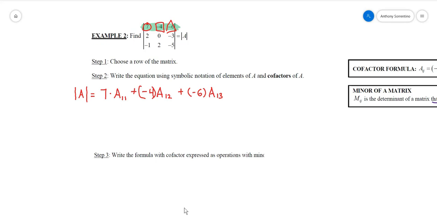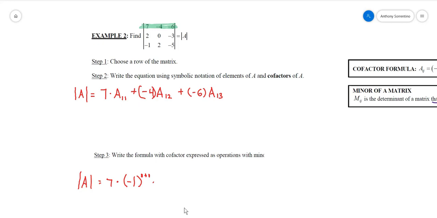So when I go down to the next step, step 3, I'm still going to have my 7. A of 1, 1 means I'm going to multiply this by negative 1 to the 1 plus 1 power. Now, I'm going to write it all out here, but you should be able to do 1 plus 1 in your head and just say that's 2. Times the minor of 1, 1. So let me do some erasing up here. I still want to show that I'm expanding across this row here.